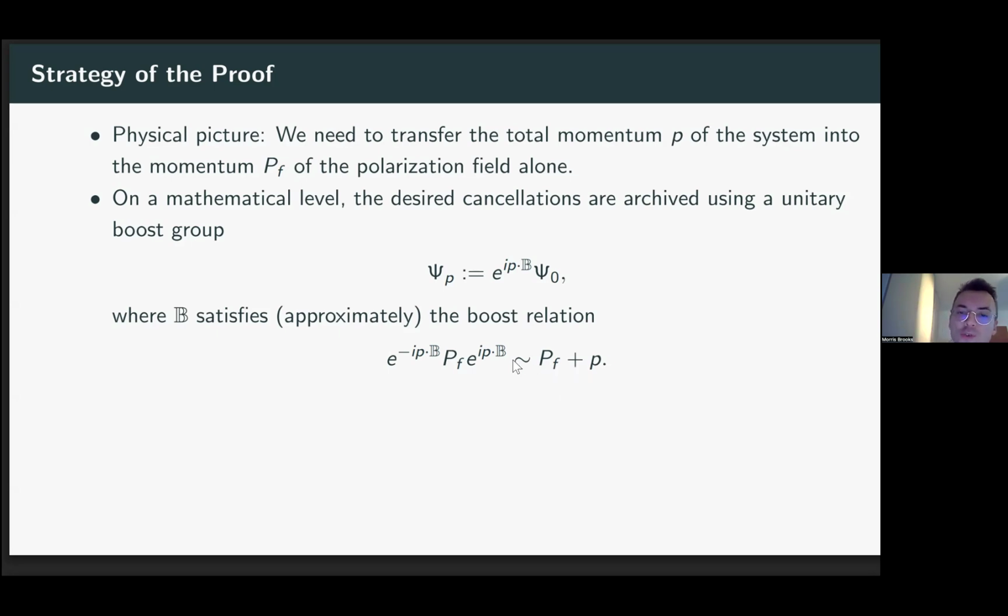Now, I would love to write an identity here. The only problem is this approximation, this can never hold as an identity. And the reason is very simple. Namely, the problem is the vacuum. Because of the vacuum, the total momentum operator has an eigenvalue. And since you shift this by plus p, it would mean that you would have an operator that has an eigenvalue at every real number p, and this cannot happen.